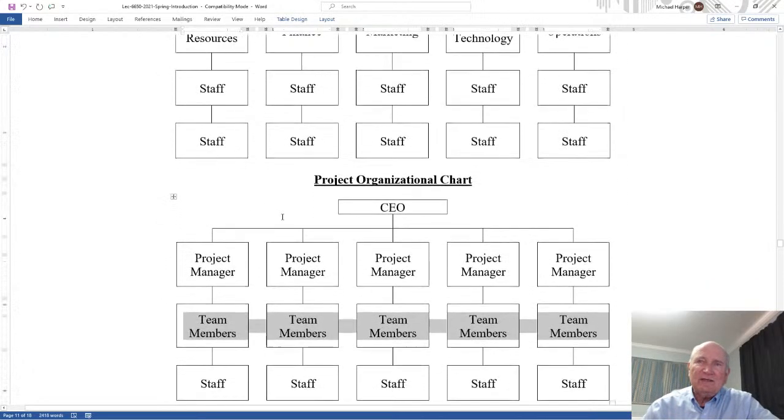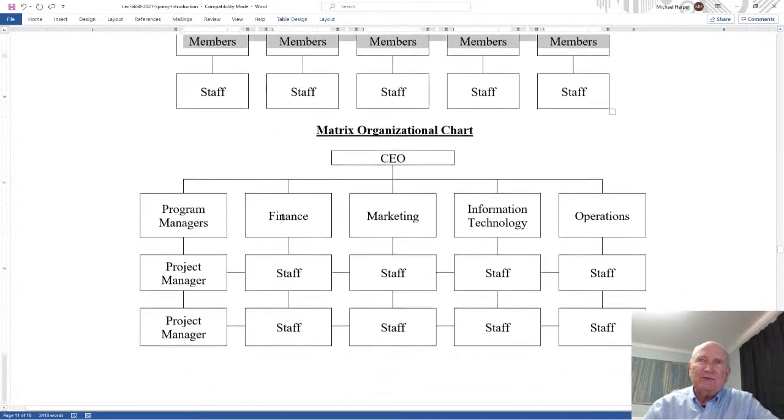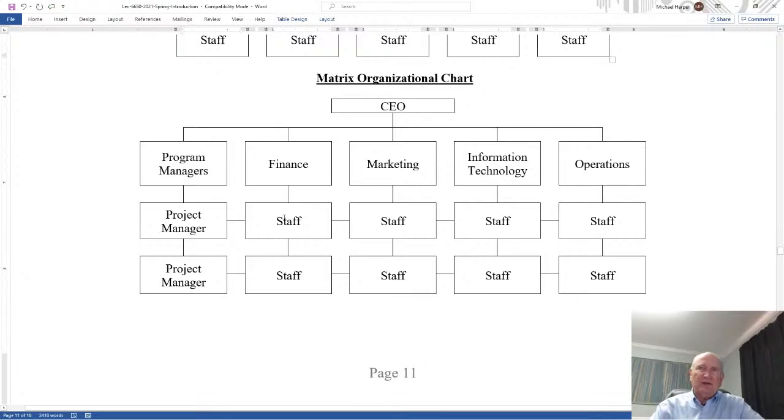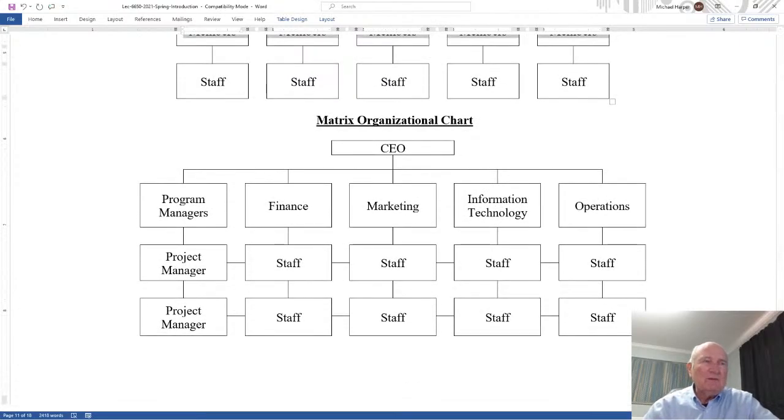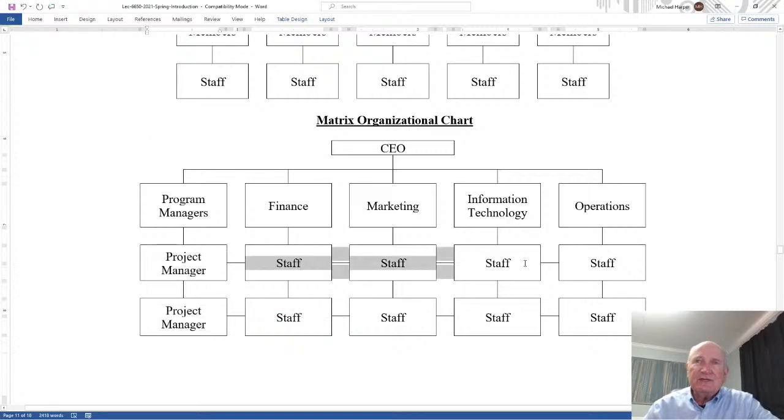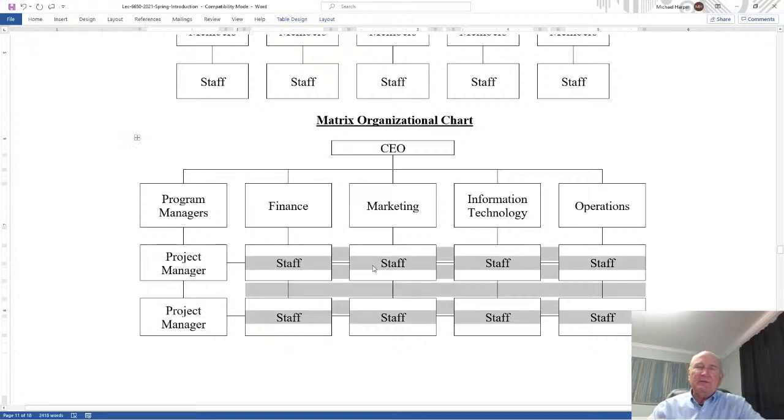Well, to satisfy this, there's something called a matrix organizational chart. And the matrix chart combines the line managers up here with the project managers over here. And so essentially there are two managers and you have staff members in the middle. And so there's two bosses.